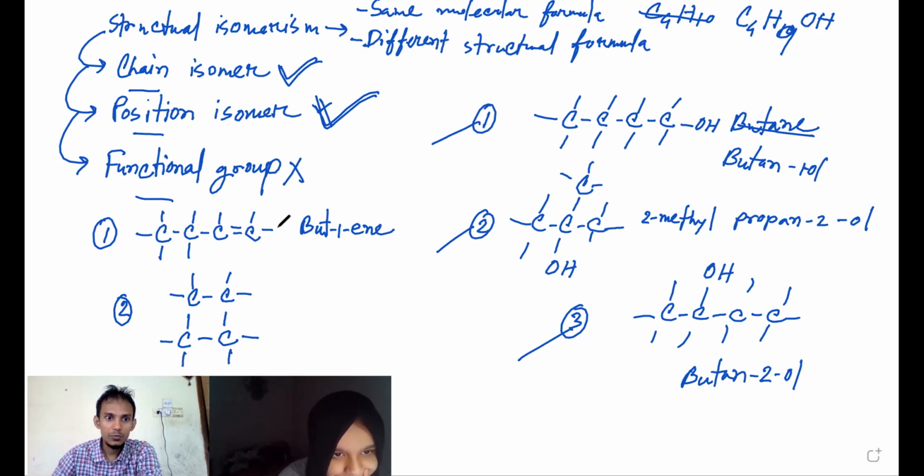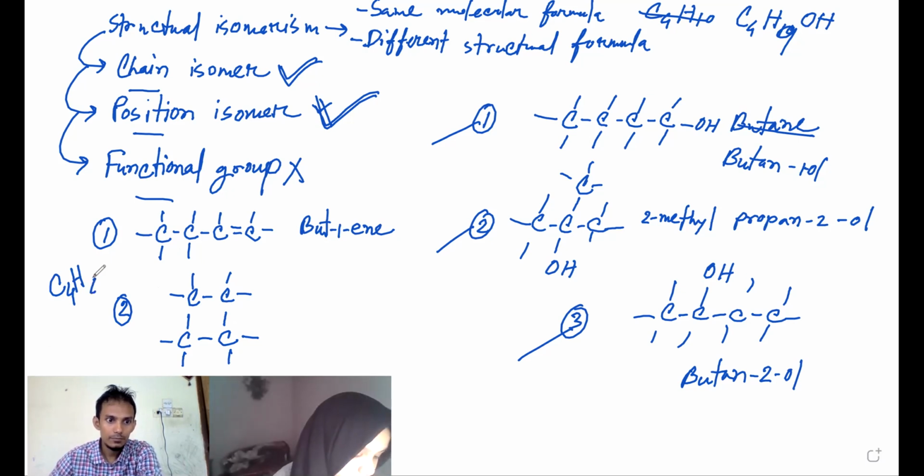See, in but-1-ene, we have 4 carbon and 8 hydrogen. In this, we have 4 carbon and 8 hydrogen. So both have the same molecular formula. Both are C4H8, right? Clear?